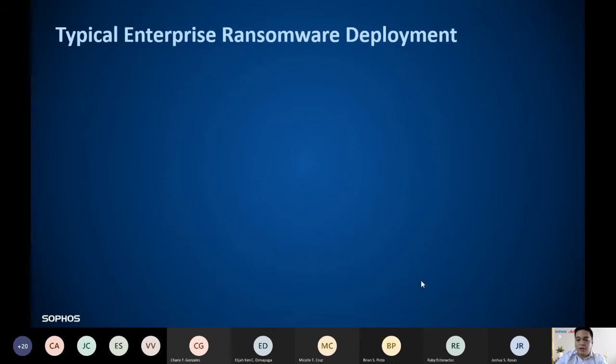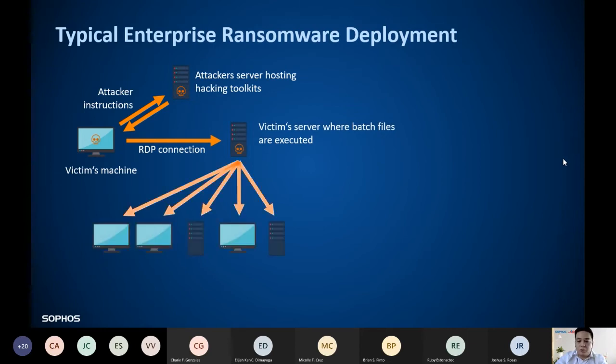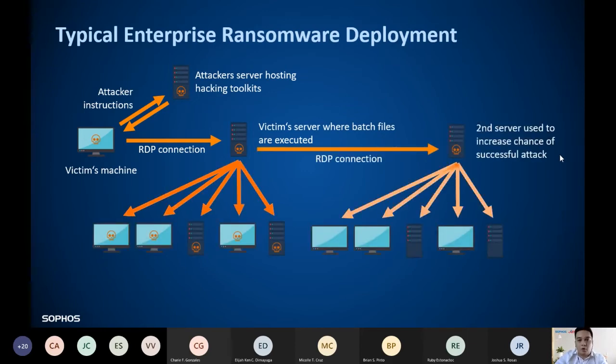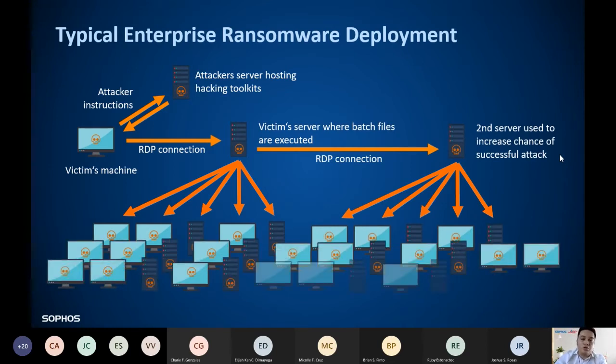Here is how a typical enterprise ransomware attack is deployed. First, a victim's machine is infected. There are a lot of ways for this to happen, but one of the main vectors is still phishing. A user or employee sees a phishing attack, doesn't realize it is one, and clicks it.